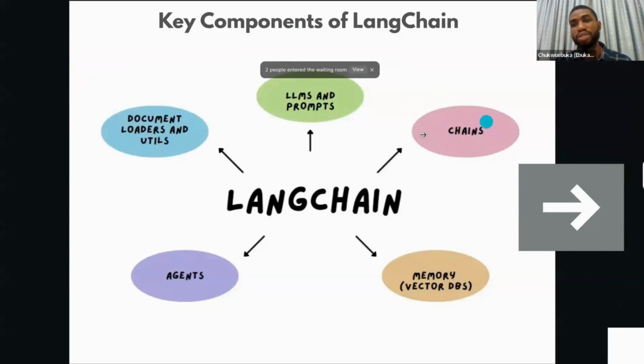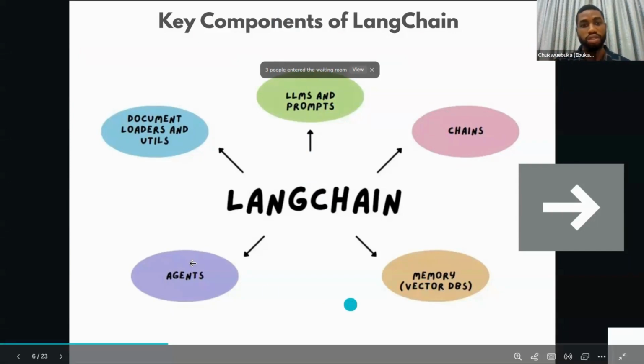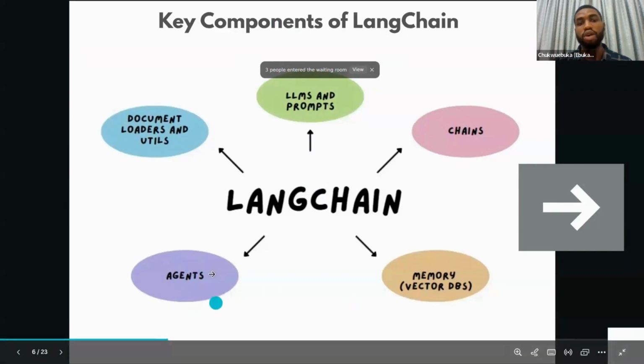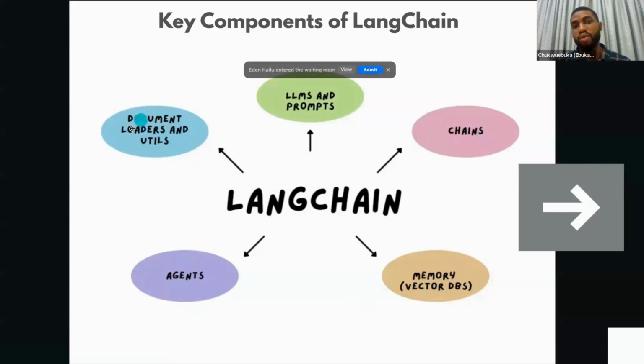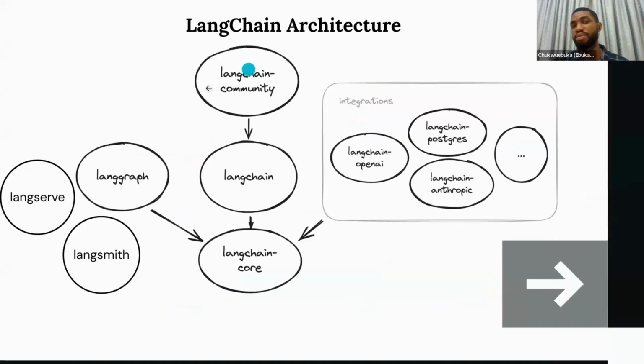We have the chains, which is the core of LangChain, and then we have memory, so vector databases, where we store vectors. We're going to review that as we go. We also have agents and document loaders and other utilities, all of which reside in LangChain community.